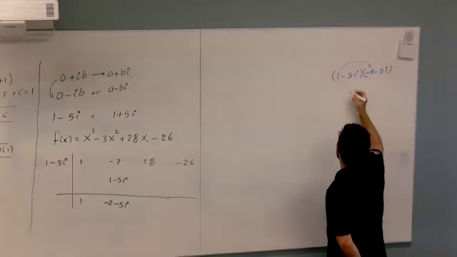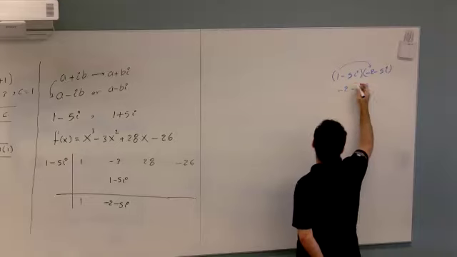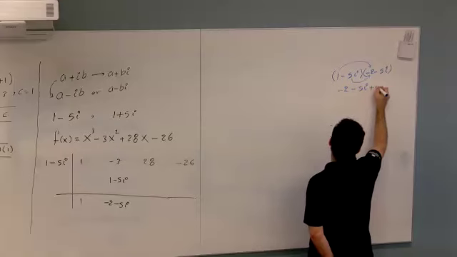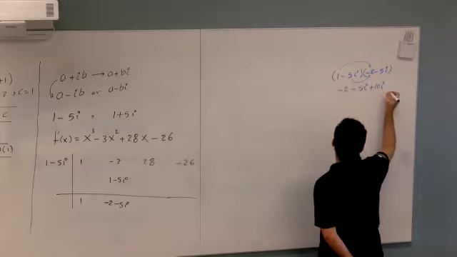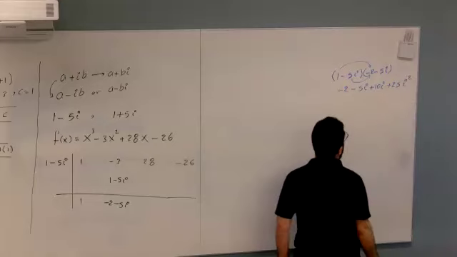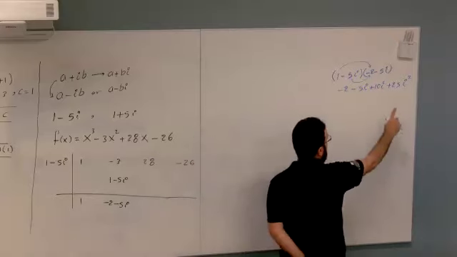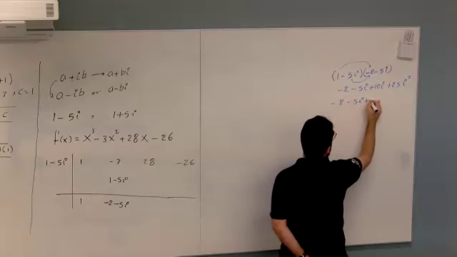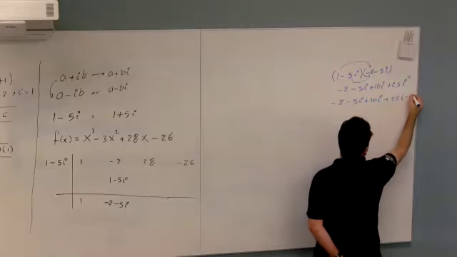1 times -2 is -2. 1 times -5i is -5i. Now -5i times -2 is positive 10i. -5i times -5i gives 25 i squared. What's the value of i squared? -1. i squared is -1. So it's -2 minus 5i plus 10i plus 25 times -1.